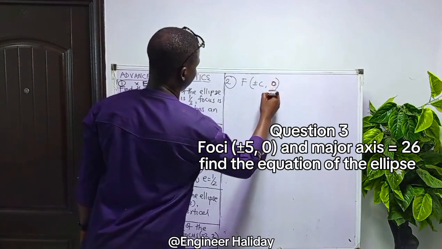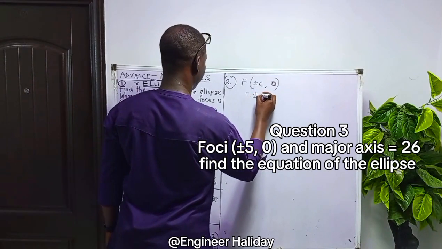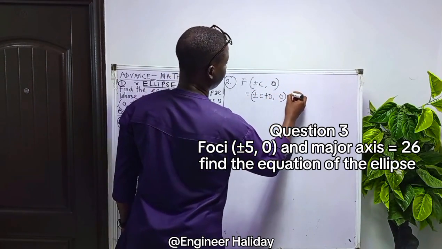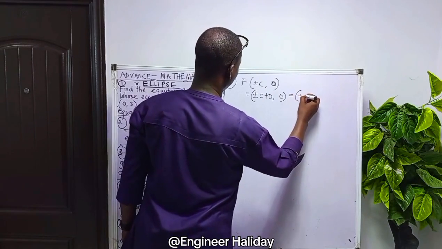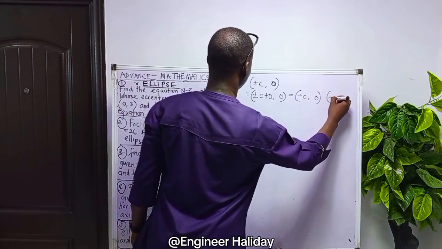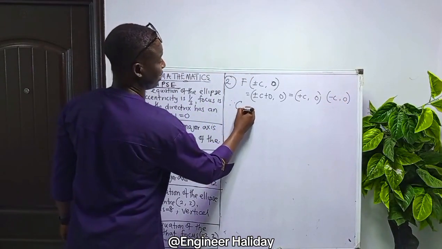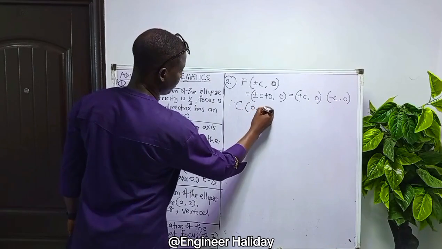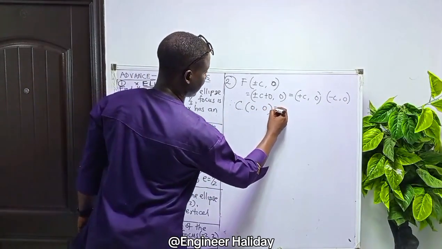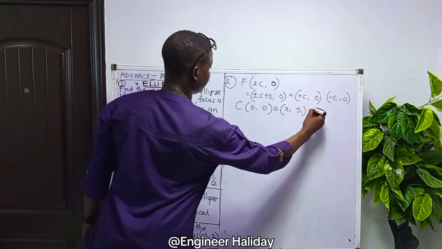We can write this as plus or minus C plus 0, comma 0, meaning that you can write it as plus C, comma 0 or minus C, comma 0. What I can conclude from here is that our center is 0, comma 0. The center is (x1, y1).